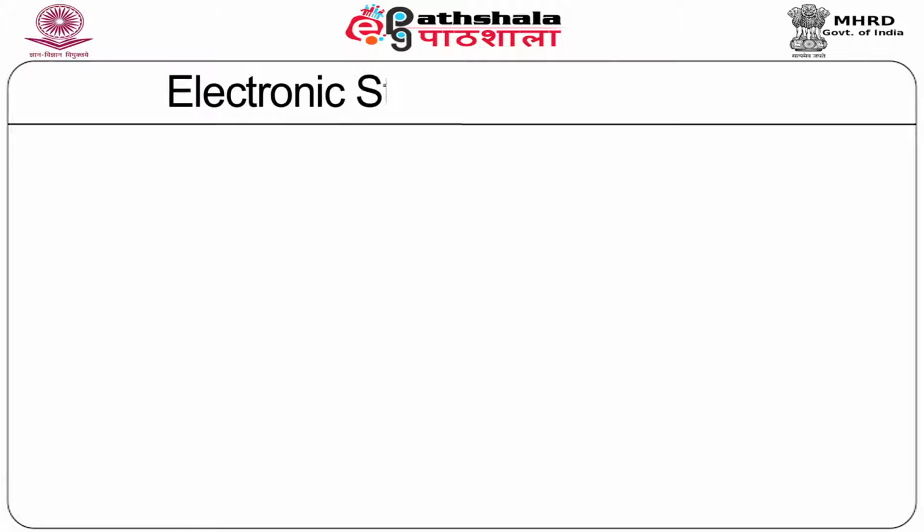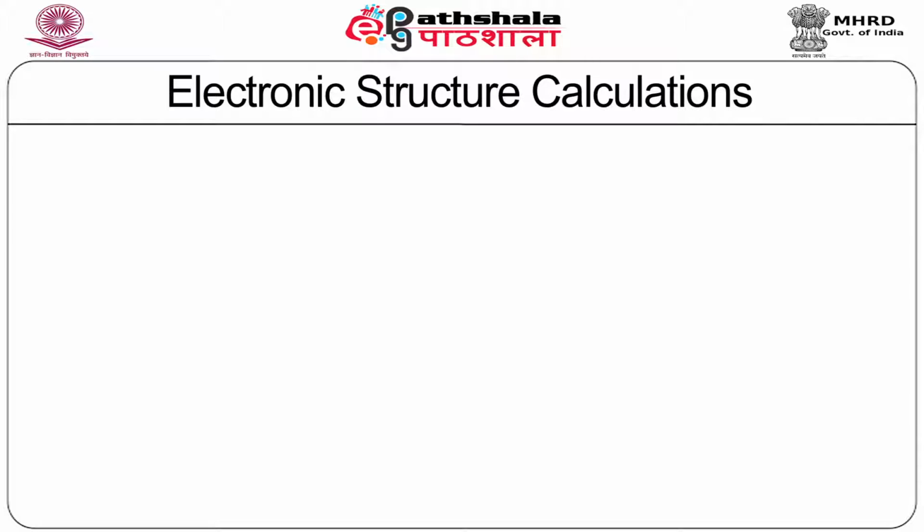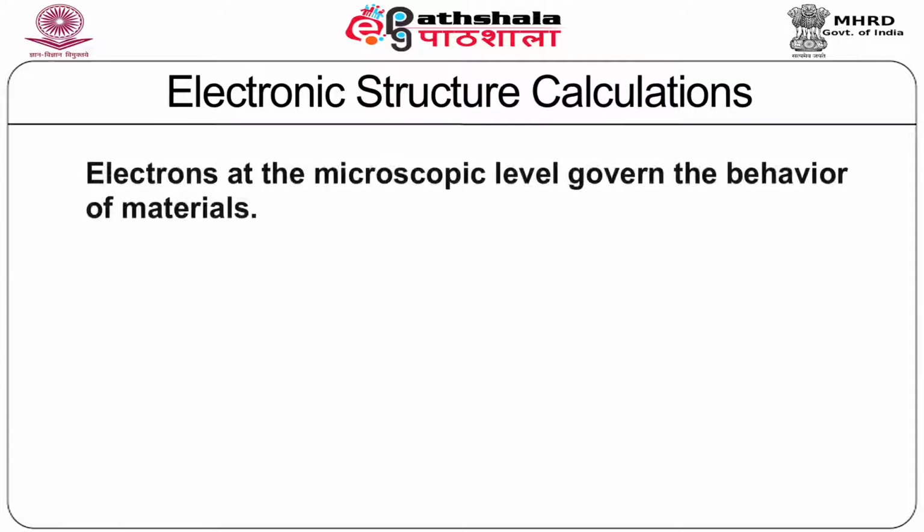Understandably, the understanding and calculation of electronic structure forms an important topic in the area of condensed matter physics, chemistry, as well as biophysics, which is the topic of our discussion. This is because the electrons at the microscopic level govern the behavior of the materials, as we have mentioned.